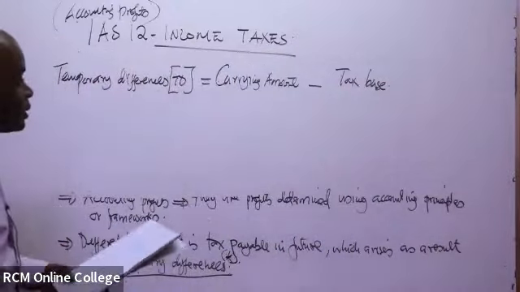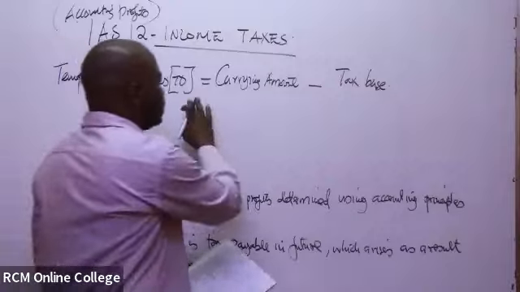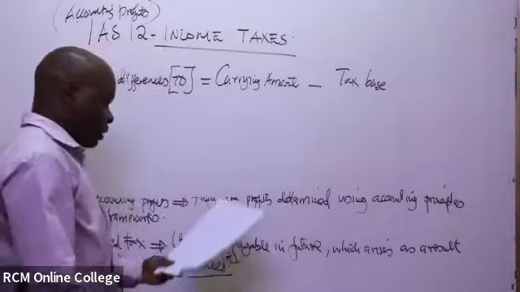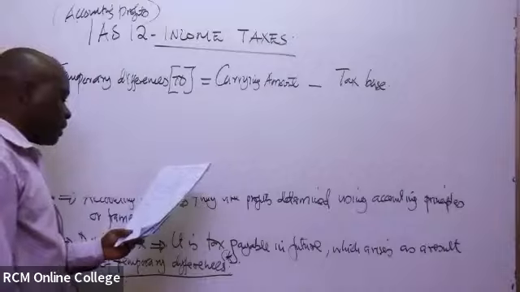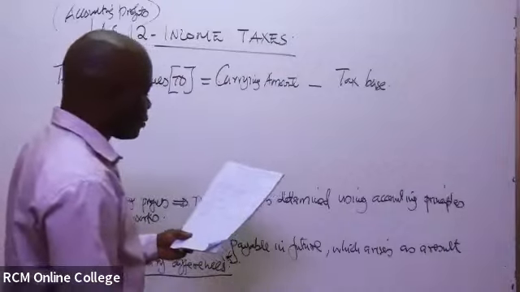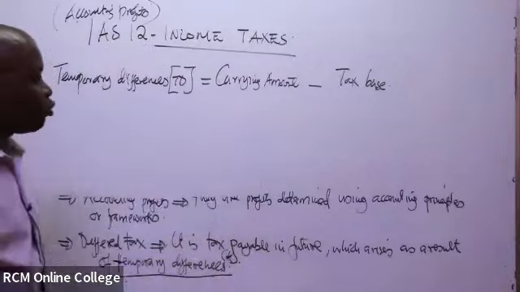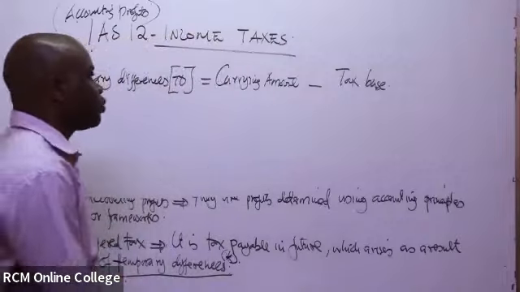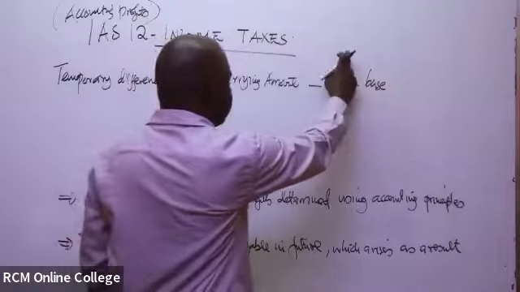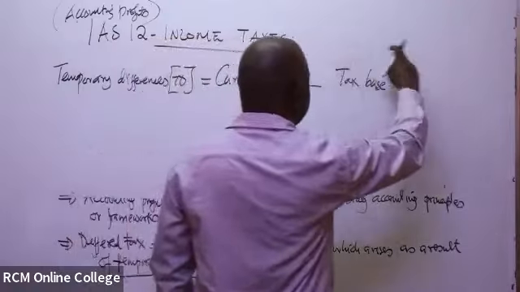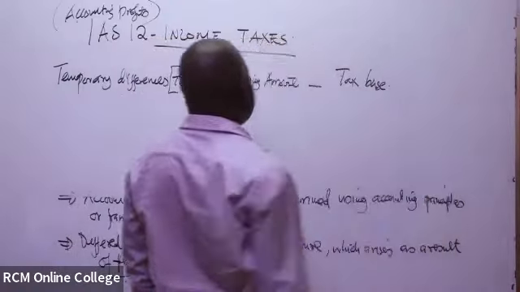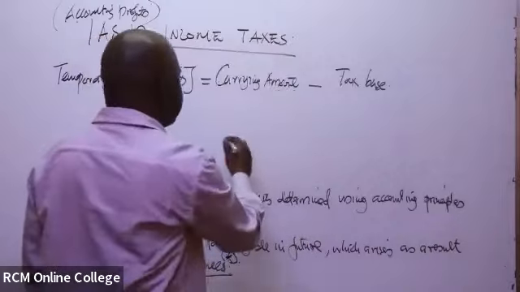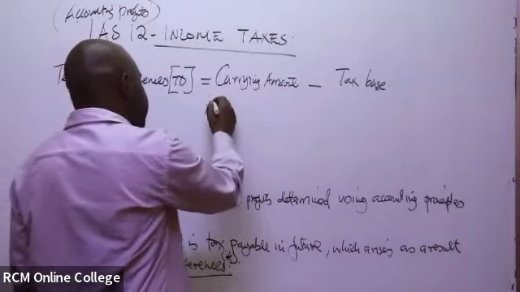This carrying amount is what will be determined by the accountant, or you can refer to it as the net book value. When you prepare the balance sheet, you normally do cost minus depreciation. Then you get the NBV. So this carrying amount is the NBV. It is the net book value.